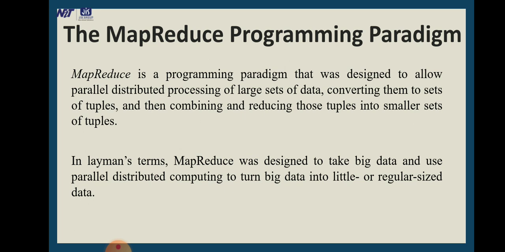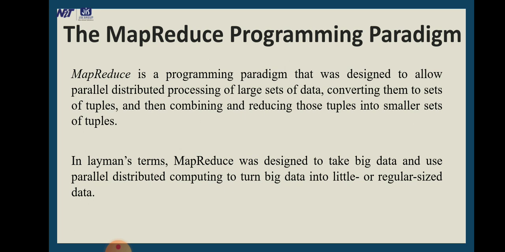The major advantage of MapReduce is that it is easy to scale data processing over multiple computing nodes. Under the MapReduce model, the data processing primitives are called mappers and reducers.